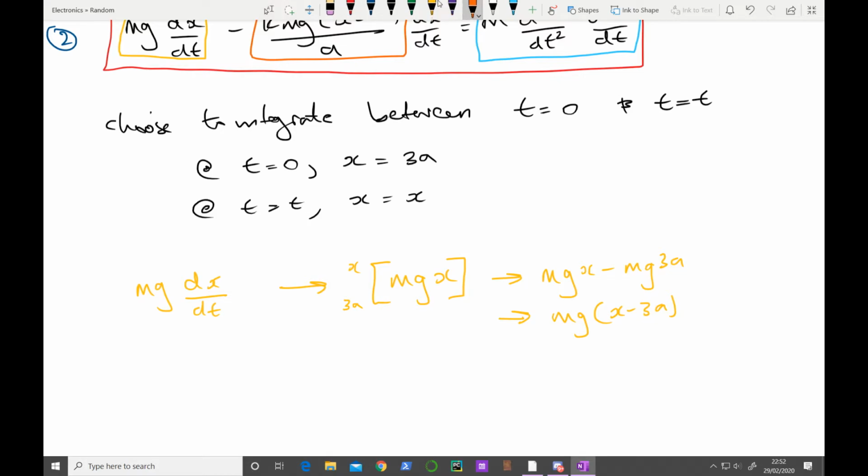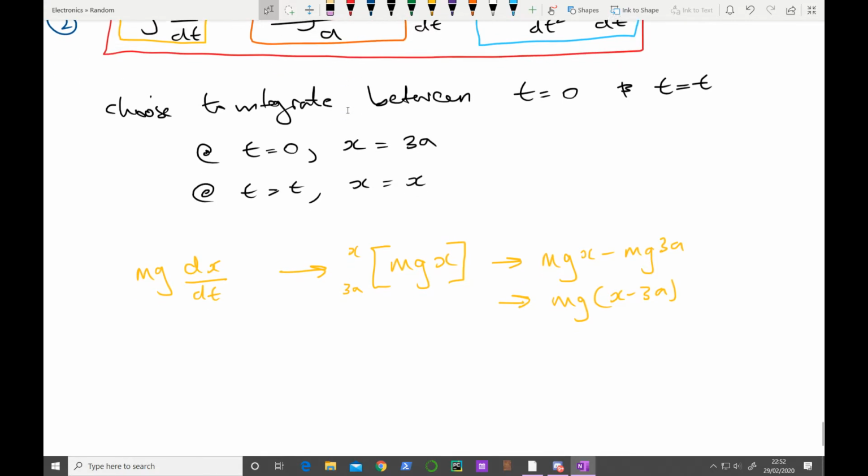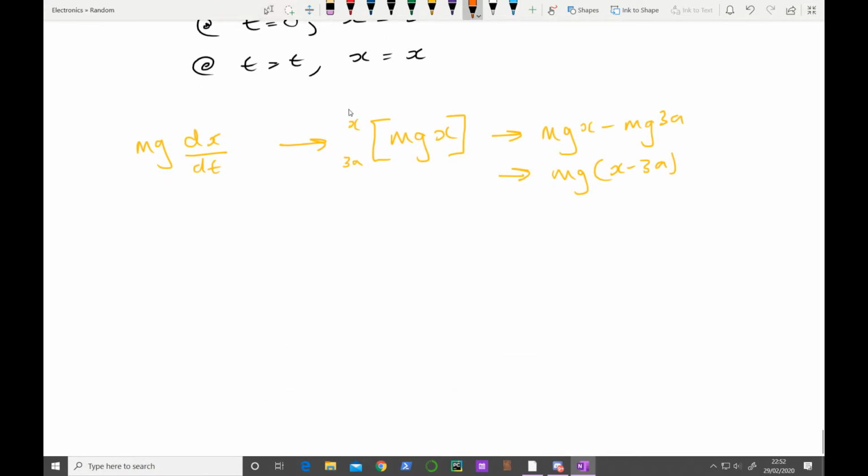The next one, kmg x minus a over a. I'm going to ignore this kmg because that's just a constant. I'm just going to focus on this x minus a over a. So x minus a over a dx by dt is the same thing as x over a minus 1 dx over dt.